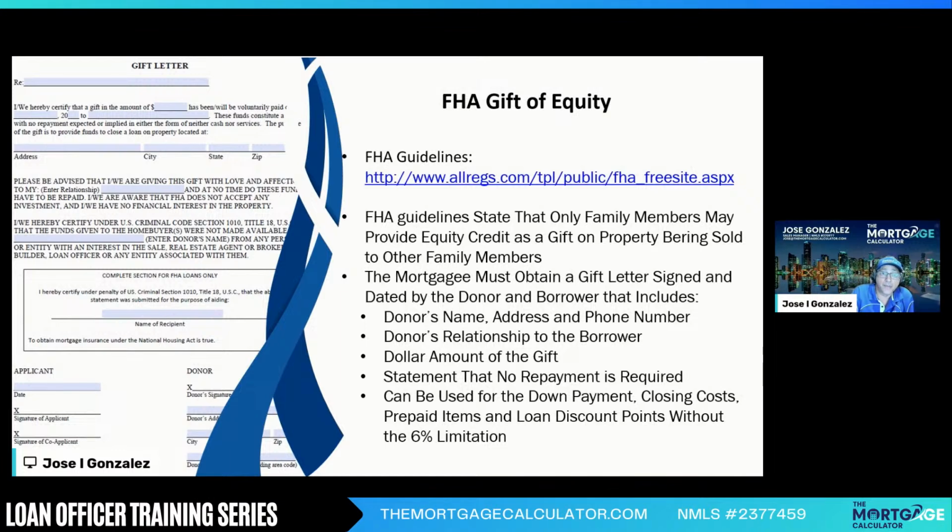The gift of equity can be used, very critical to note here, for the down payment, closing costs, prepaid items, and loan discount points without having to worry about the 6% limitation on seller contribution, and without worrying about the borrower's minimum contribution to the deal, right? You can get that gift of equity to cover everything that you need. So that's really important to note.